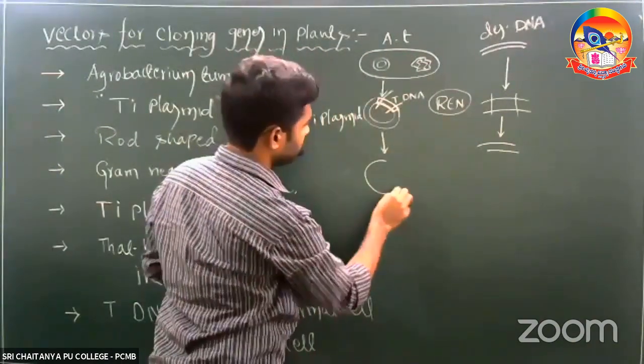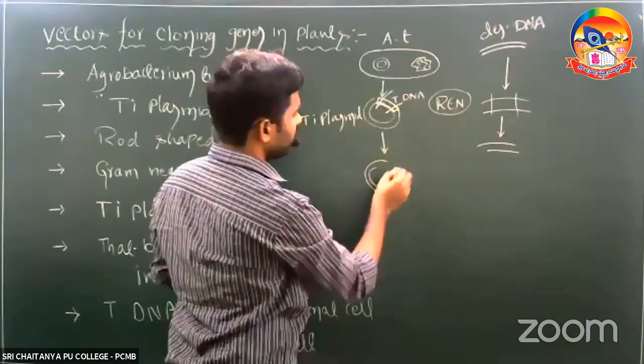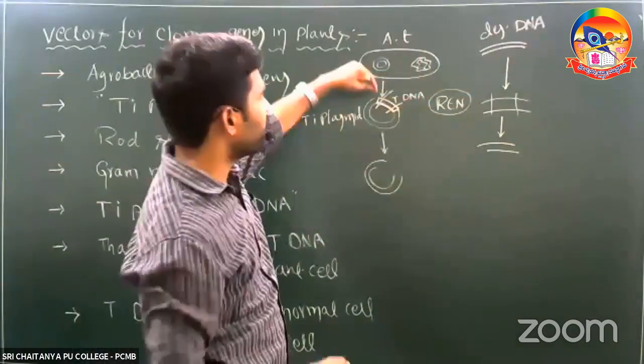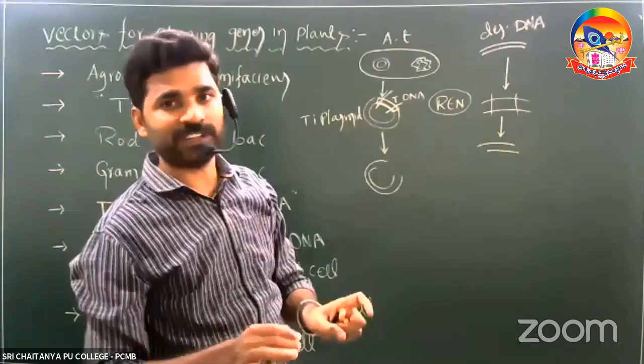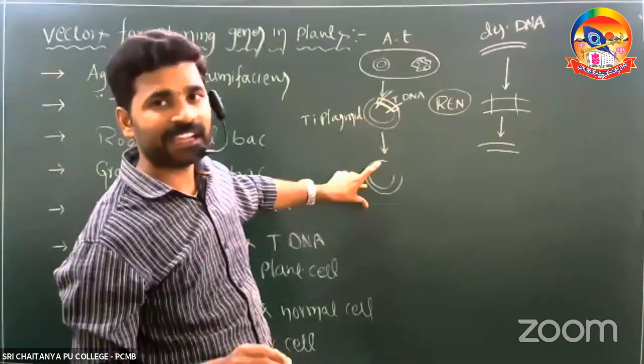See like this, sticky ends. Here the tDNA is not completely removed. Some part of the DNA is present in that plasmid, but it is inactivated.